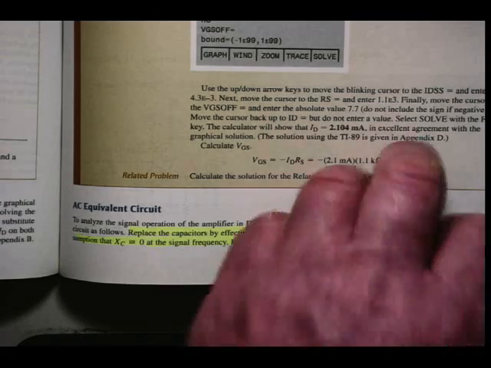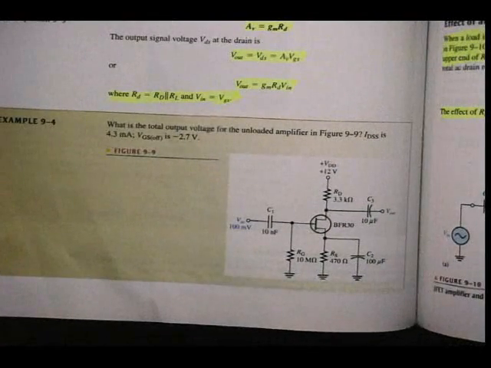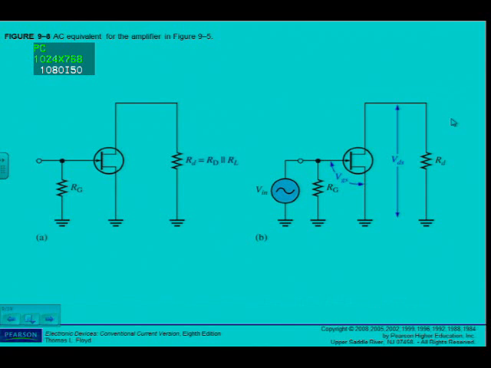Remember, the same as what we've done with a BJT. Alright, so in the end the circuit simplifies to that. Okay, remember, there's a load resistor, the same as we had with the BJT.